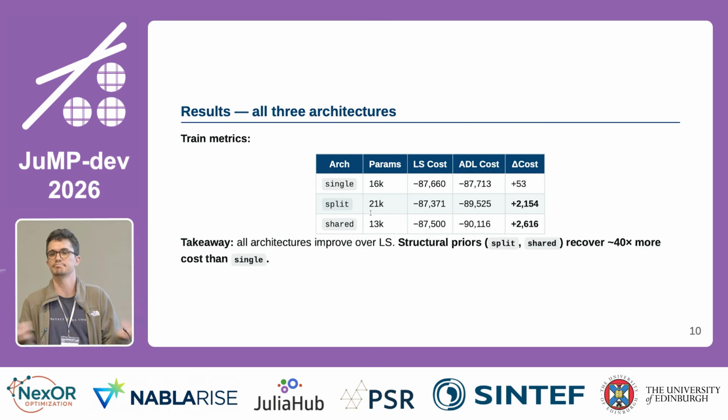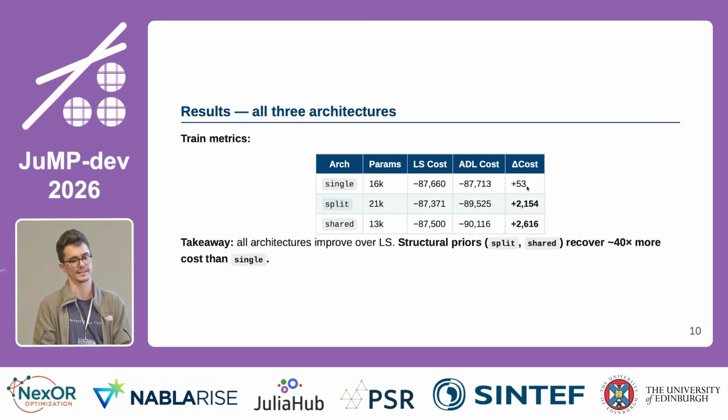The model basically didn't improve the solution at all. It basically started with the least squares solution, training the model using a least squares framework, and it wasn't able to improve basically anything.